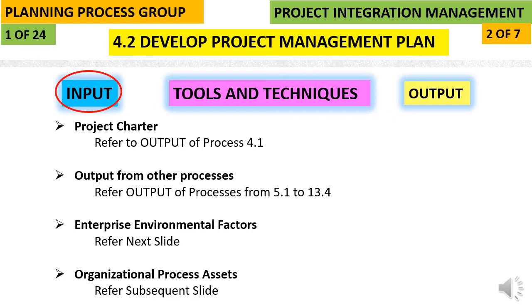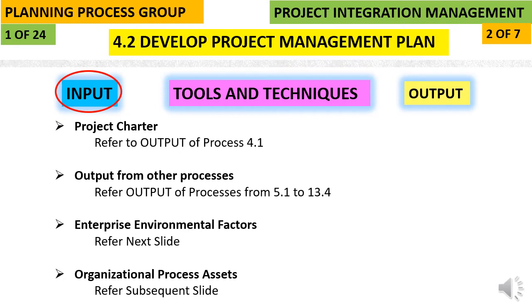And the type and amount of information in the project charter, as we know, depends on the complexity of the project and the information known at the time of its creation. Nevertheless, the project charter should define at minimum high level information about the project which can be elaborated into various components of the project management plan.